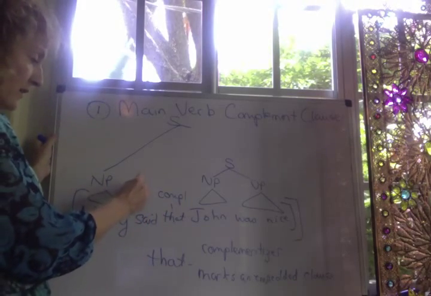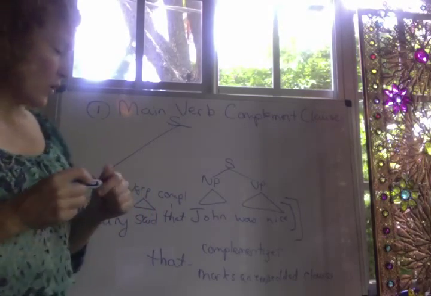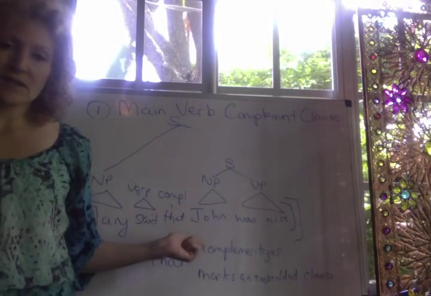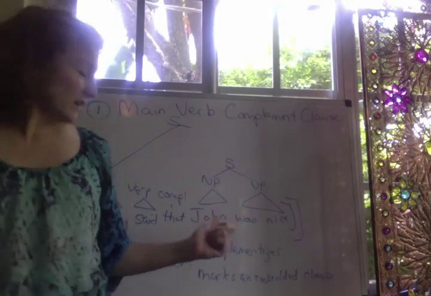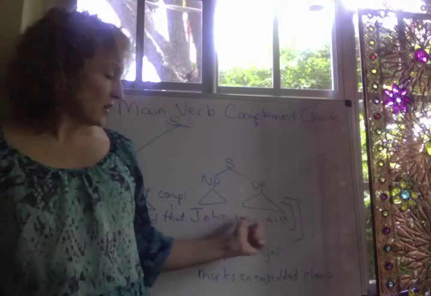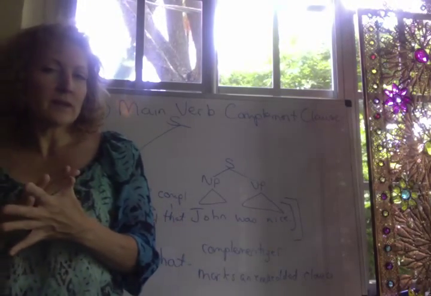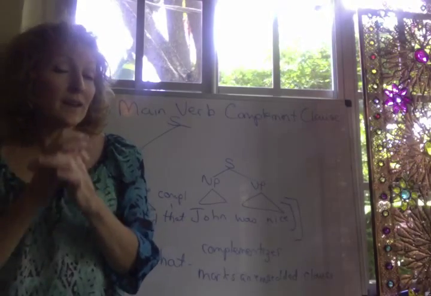We know that said is still the verb group of the main clause. And then the question is, where does the complementizer that go? Does it fit in with the verb group, said, or does it fit in with the embedded clause, John was nice? If you think about it, the function of the complementizer is to introduce an embedded clause.